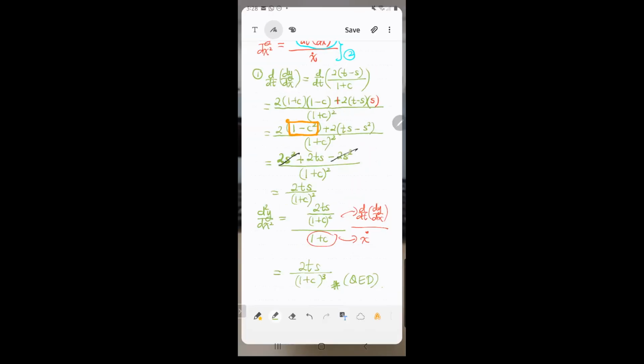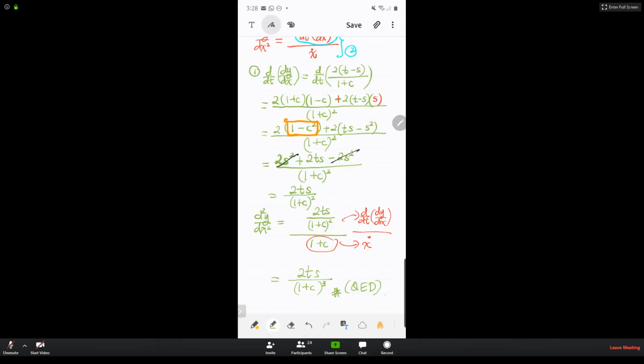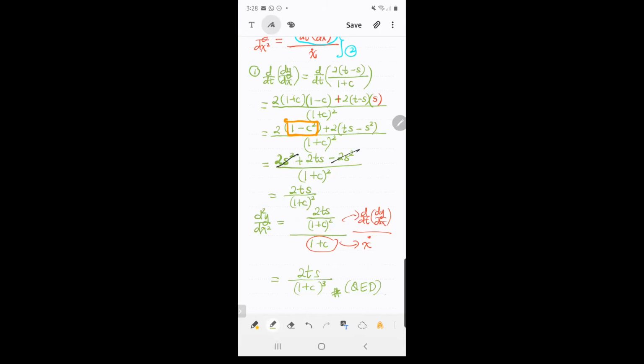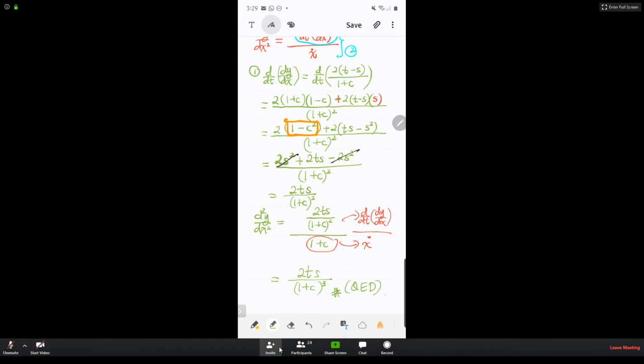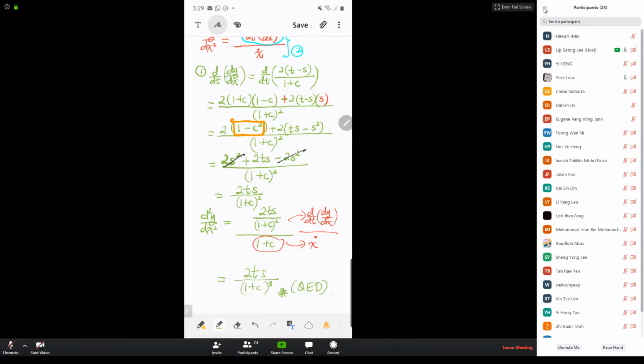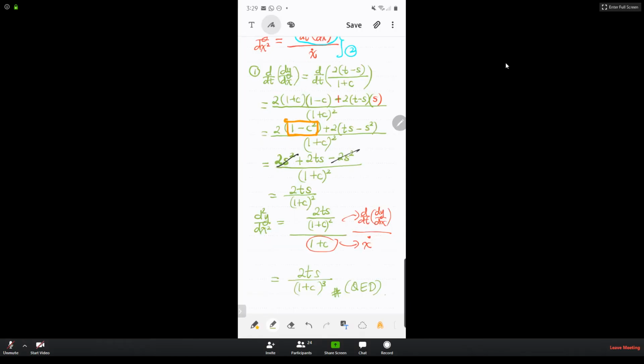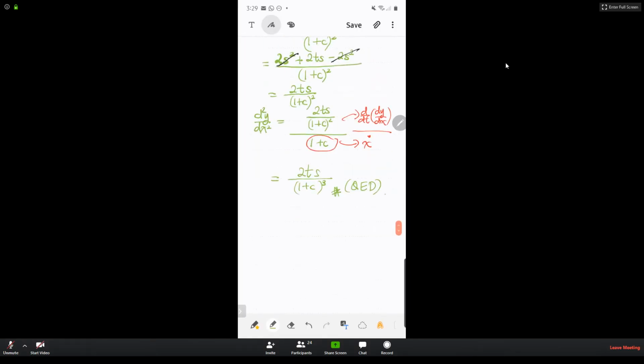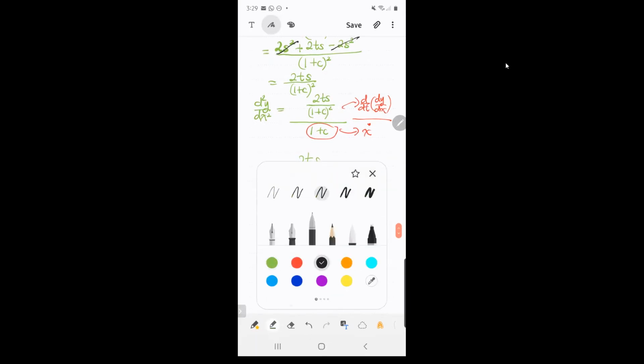Can anyone tell me what is the relationship between d2y dx2 and dy dx? If d2y dx2 is positive, then dy dx is increasing. Yeah, actually, you have to go back to your P1, right? What did you learn in your P1?